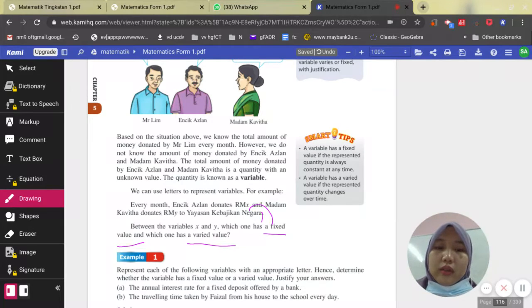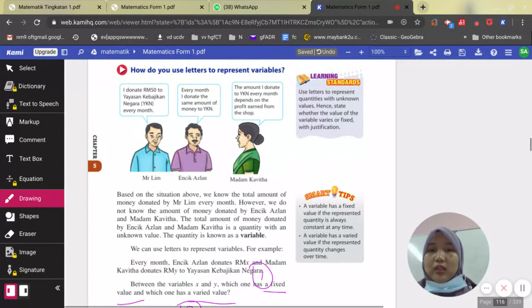Okay, number one, fixed value. Fixed means tetap, tidak berubah, sama. But varied is berubah, change from time to time. So between Encik Azlan and Madam Kavita, which one is fixed value? Based on this conversation here, perbualan di atas, Encik Azlan said he donates the same amount every month. Maksudnya setiap bulan dia akan derma jumlah yang sama.